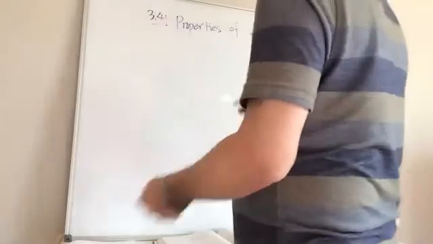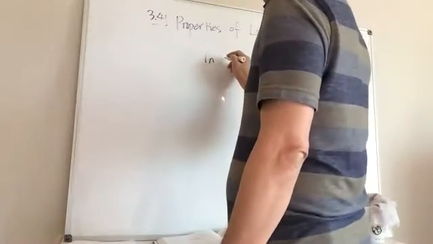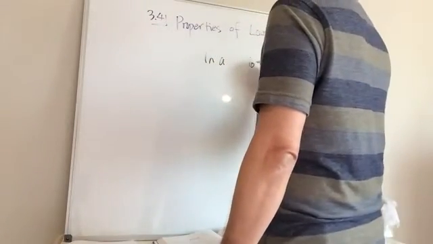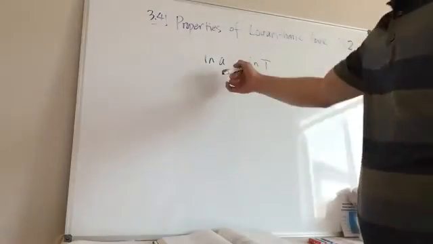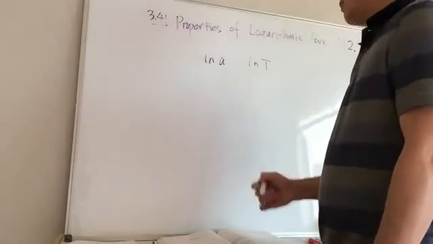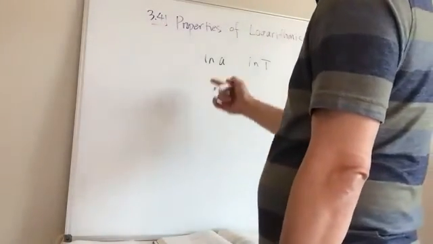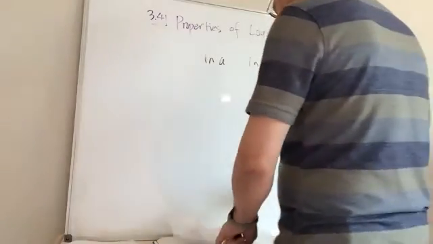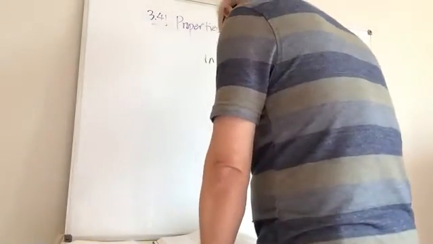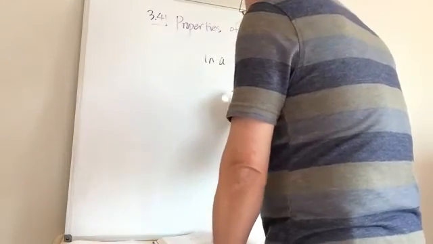Then you're going to plot natural log of A on one axis and natural log of T on the other, and you're going to replot this data. If you do a linear regression, you'll find that there is a linear relationship.